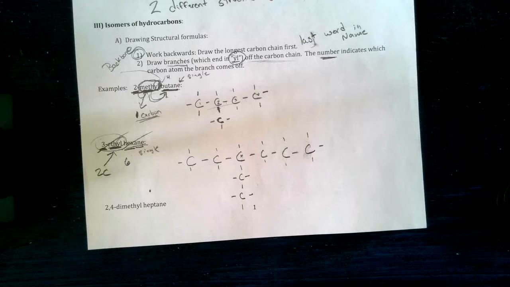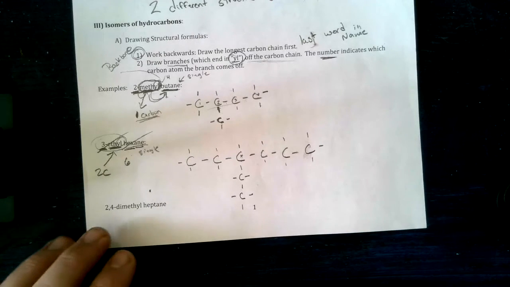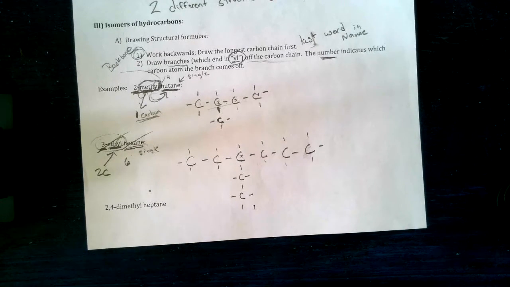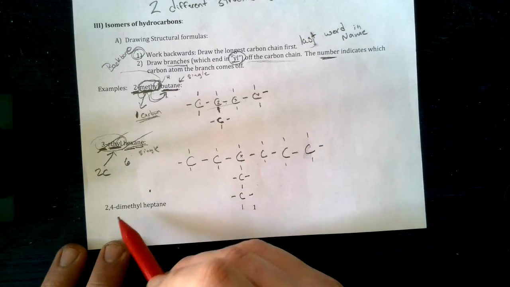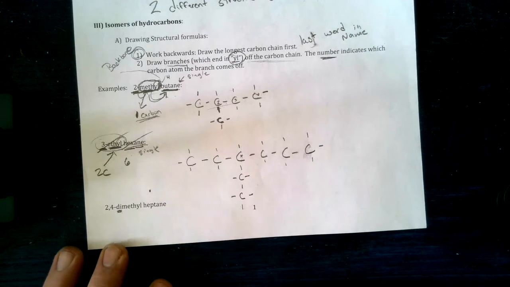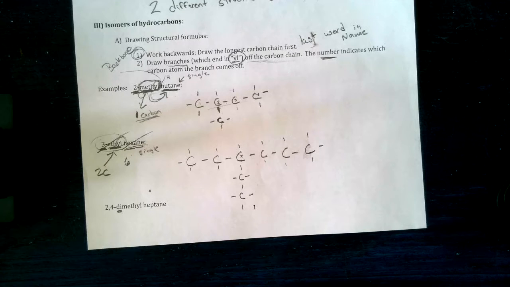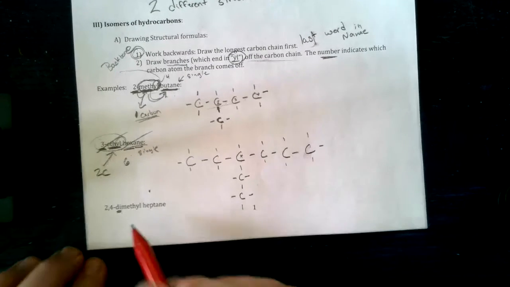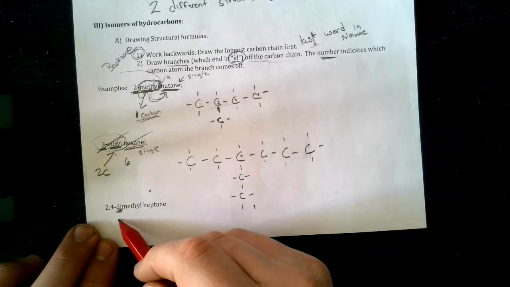This is going to confuse or frustrate some of you, but this is another thing that the Regents does that, well, it's not the Regents, it's science. It is the chemistry, the naming of this stuff. But this is really redundant. Dimethyl, trimethyl, it's redundant because what it's telling you is that you have two branches.